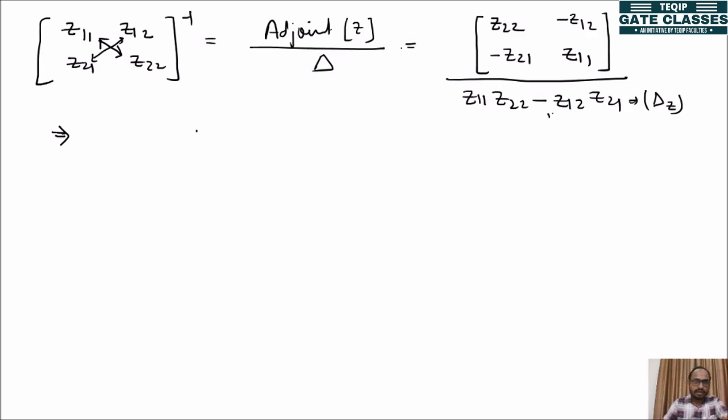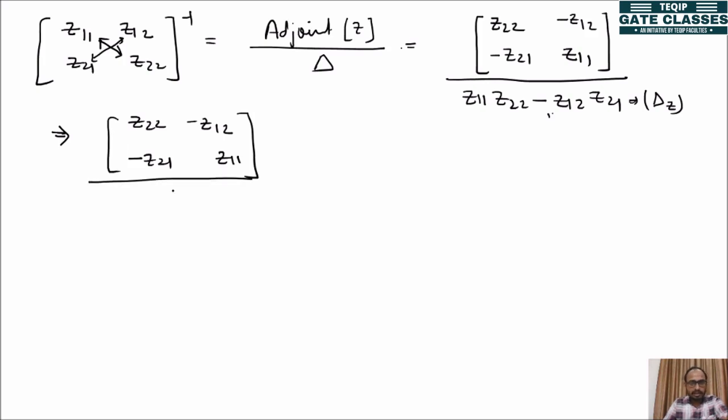So we can write [Z22 -Z12; -Z21 Z11] matrix divided by delta Z, and as you know this is equal to the Y matrix.